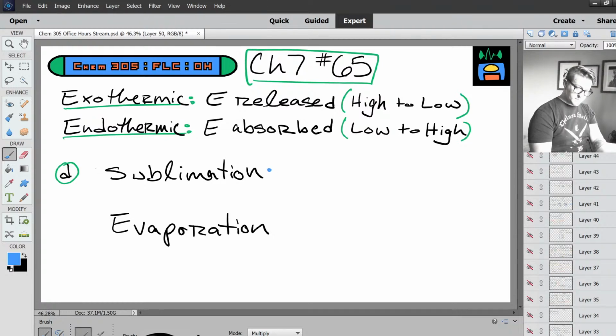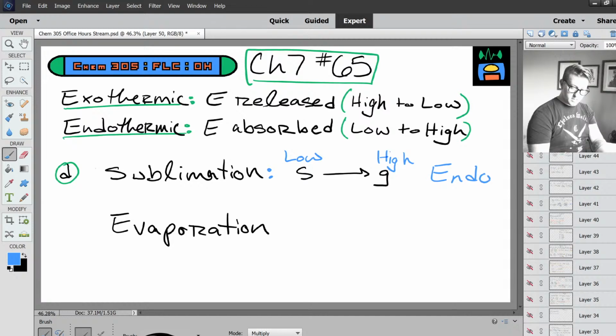Sublimation takes us from the solid phase to the gas phase. Solids are lower in energy than gases, so we're going low to high, which makes this endothermic. And then for evaporation, we're going from the liquid phase to the gas phase.